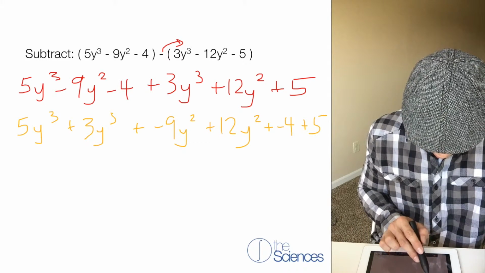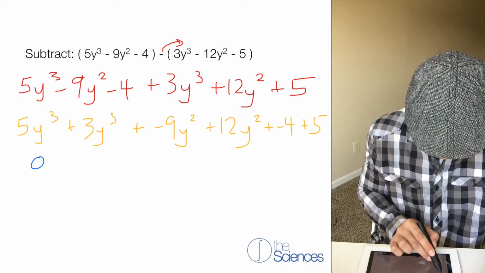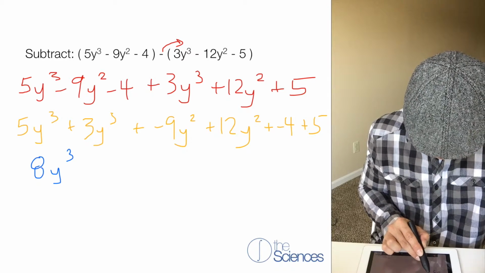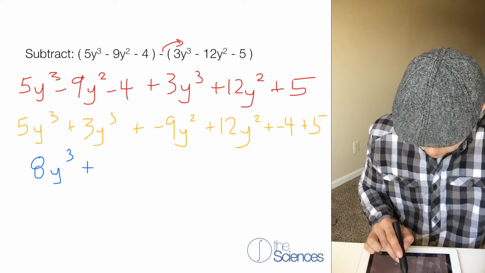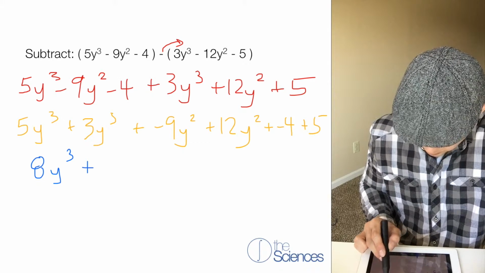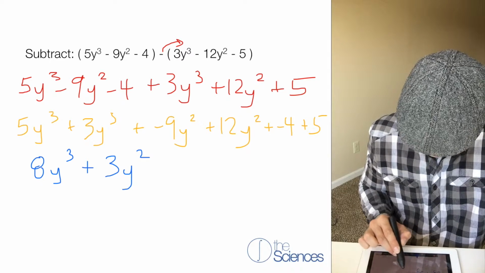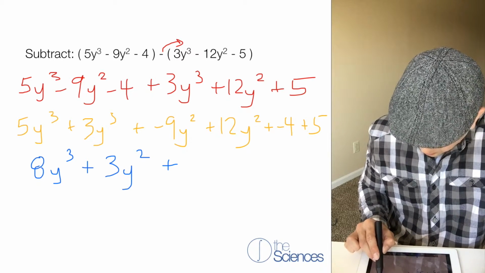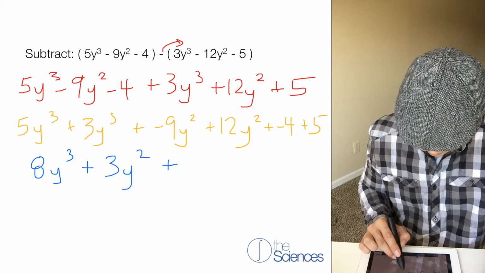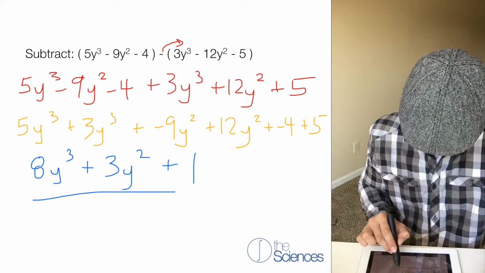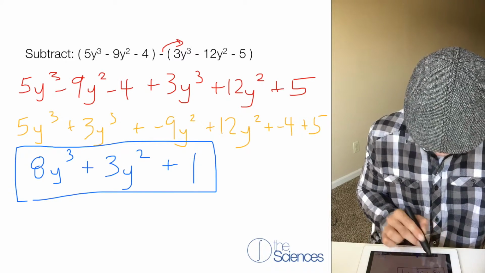So 5y cubed plus 3y cubed is 8y cubed, plus negative y squared plus 12y squared is 3y squared, plus negative 4 plus 5 is 1. So that's our polynomial.